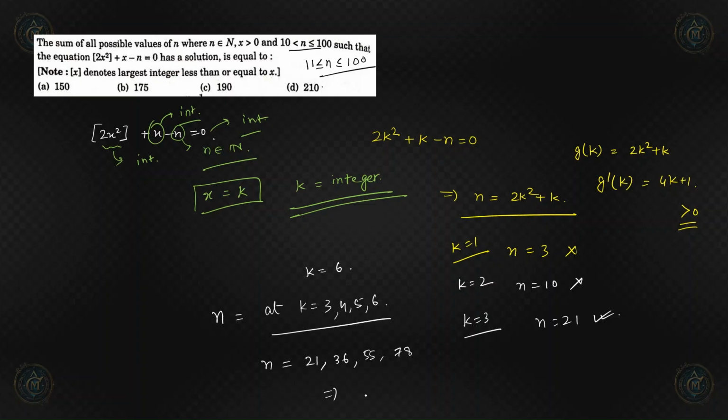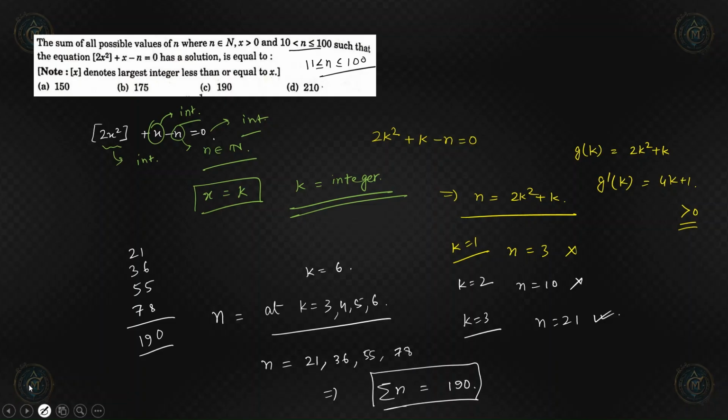So the summation of n will be 190. So what will be our correct option in this case? Option C will be our correct option.